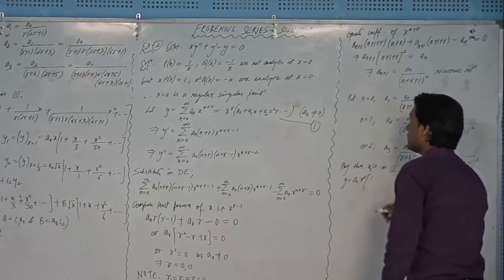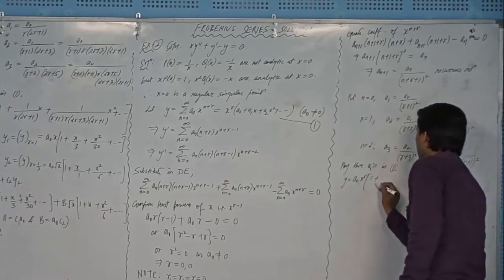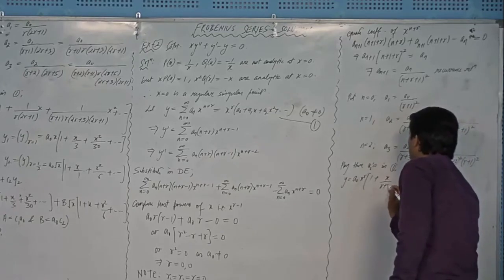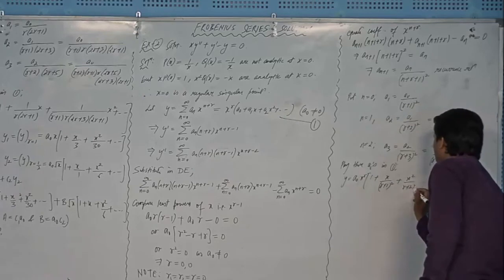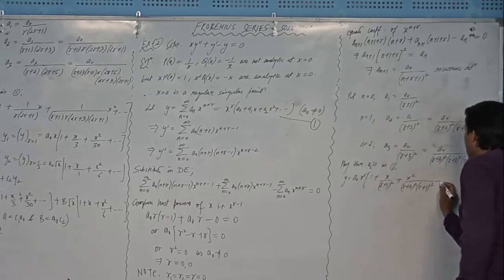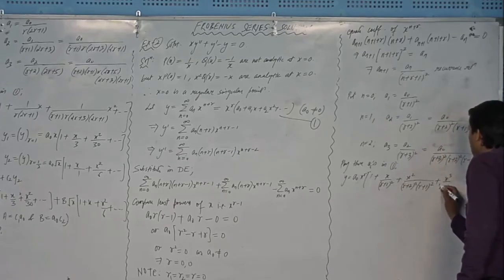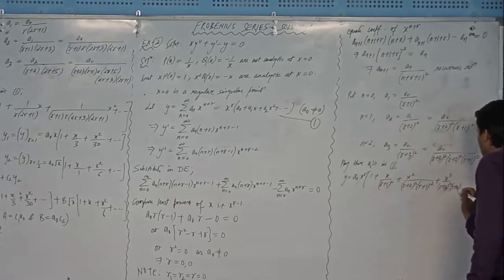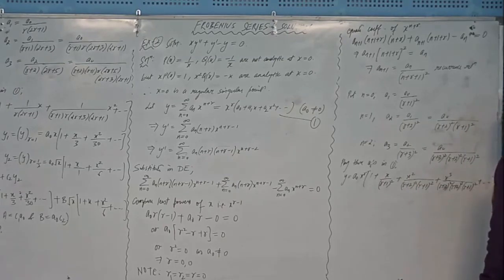The first term is 1. Second term is a1 times x, which becomes x over r plus 1 whole square. Next term will be x square over r plus 2 whole square r plus 1 whole square. Third term will be x cube over r plus 3 whole square r plus 2 whole square r plus 1 whole square, and so on, right?